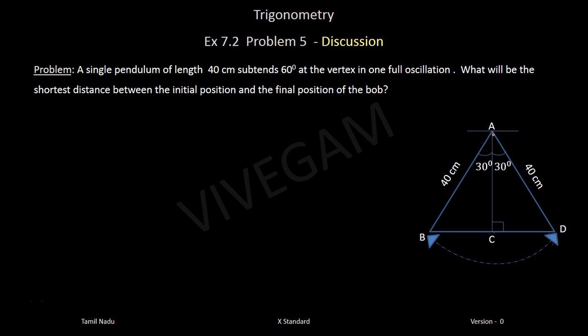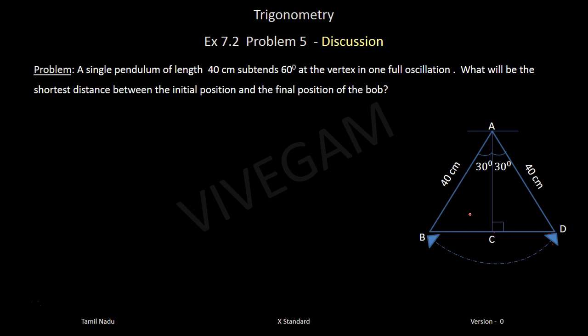But we know that at the equilibrium position, the pendulum will be in this direction along AC, vertically downwards, and it will divide that 60 degrees into two parts. It will always oscillate equally in both directions. If it goes 30 degrees to this side, it will also go 30 degrees to the other side.